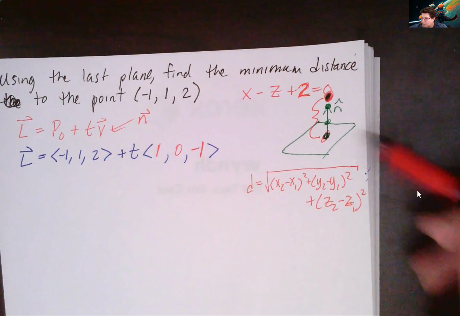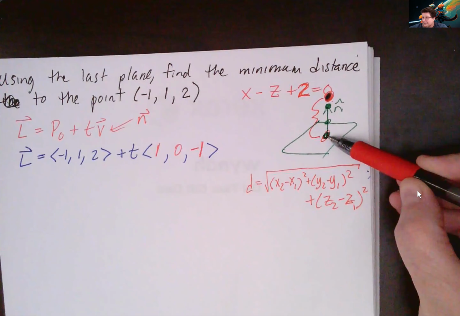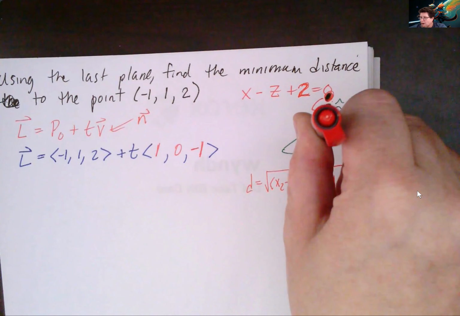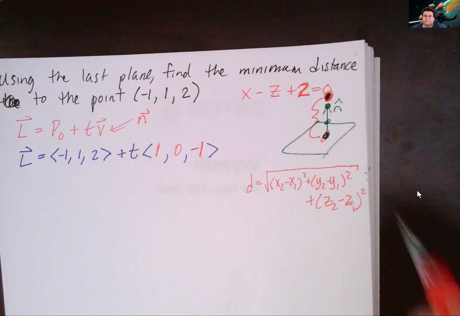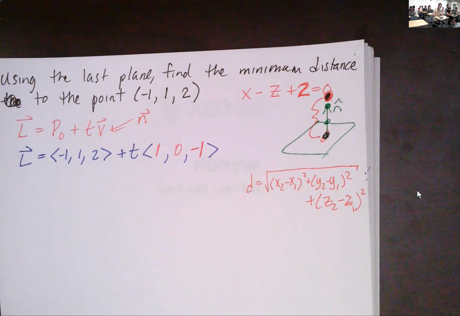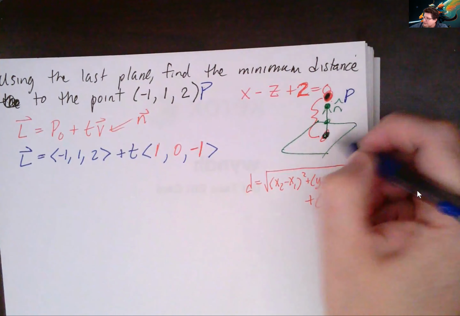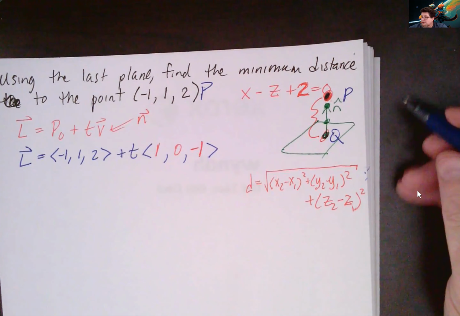So I have a point up here. I actually need a point in the plane, the point where it's intersecting. What information do I have about where this line is intersecting this plane? Let's call this P right here, up here. Let's call this Q right here in the plane. What do I know about point Q?